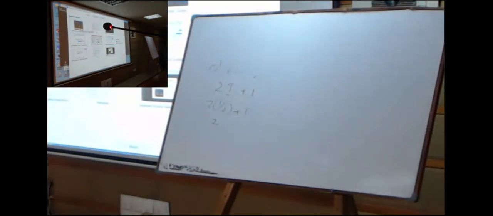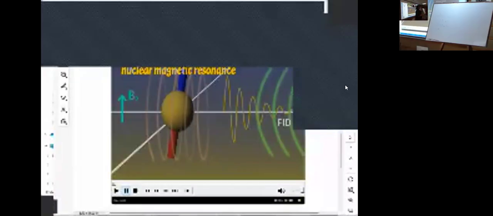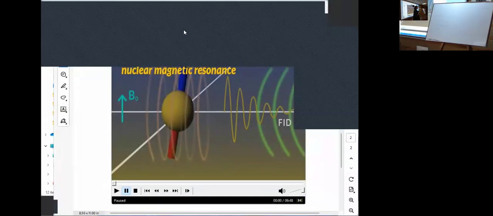Listen, in order to bring the magnetization vector to minus X, now I'm explaining and you are discussing with your friend and then you will give a wrong answer. Okay, listen. When you need to bring your magnetization vector in the minus xy plane, you will give the pulses from the minus direction.